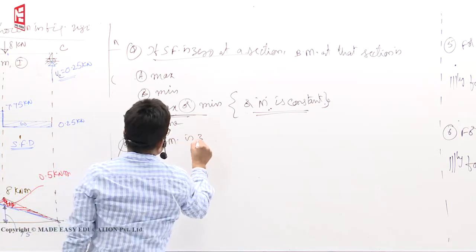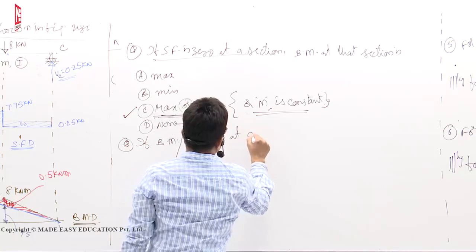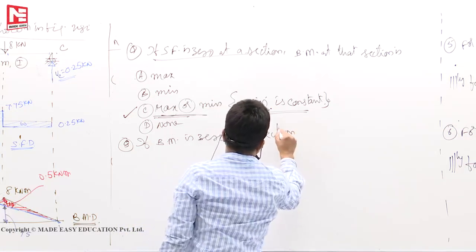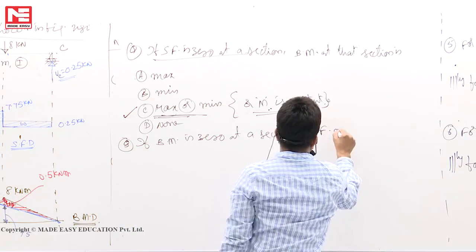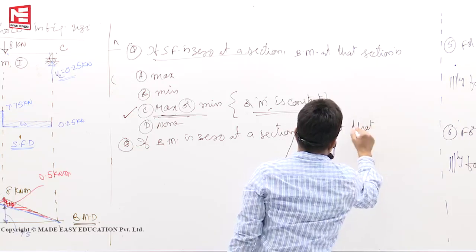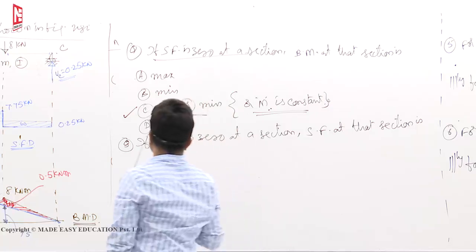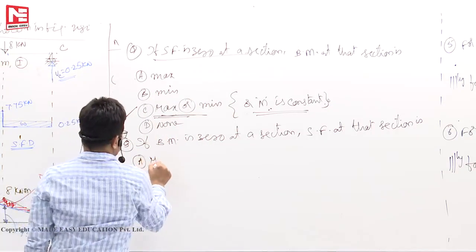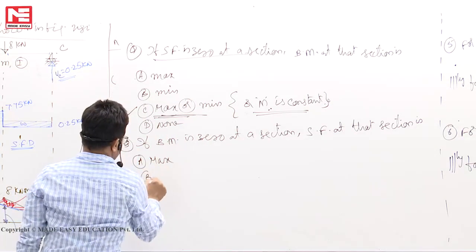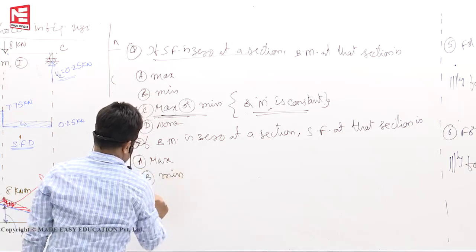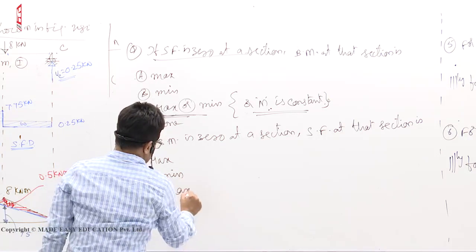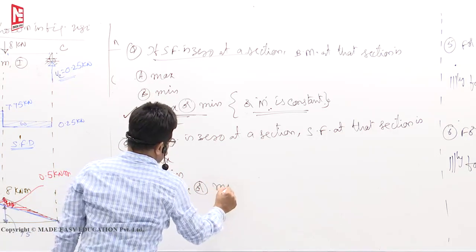Okay. Now, supposing that if bend moment is 0 at a section, shear force at that section is. Now again same options: maximum, minimum, maximum or minimum, none.